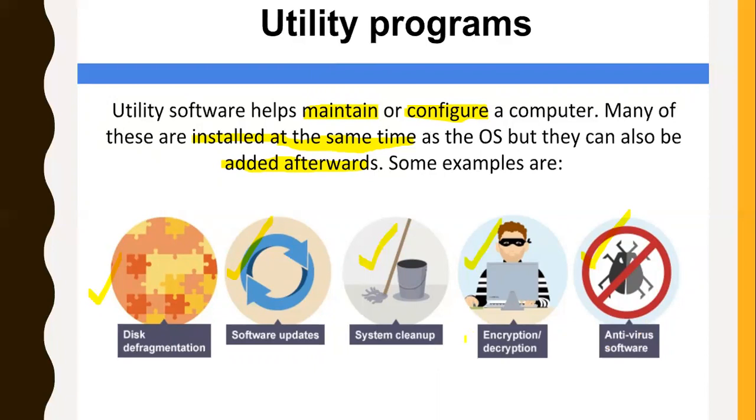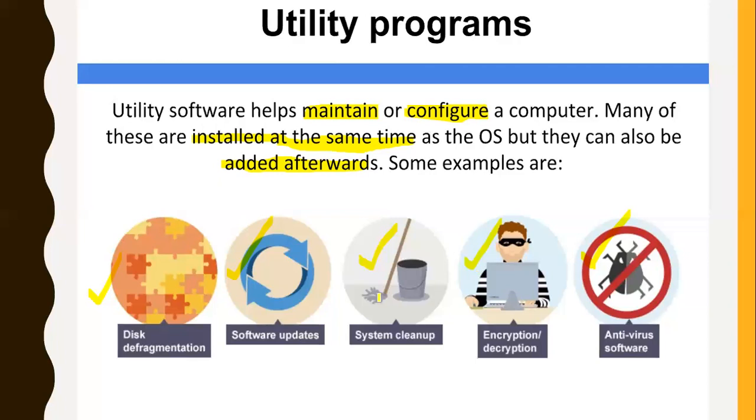Encryption and decryption utility is used to encode or decode our files that contain some valuable information. We can simply encrypt that file and save it or send it.